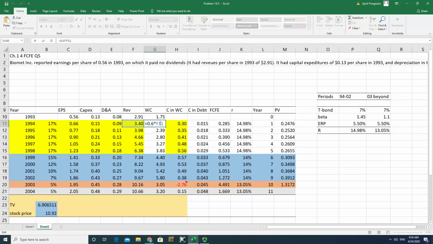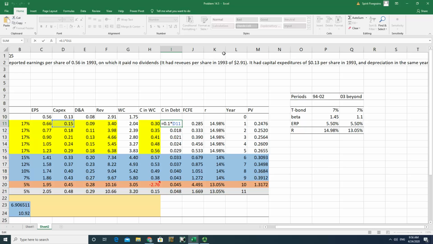Working capital will be 60% of the revenue, and the year-to-year difference in working capital is the change in working capital, which is part of your investment. And also we have change in debt, which is 10% of the net capital expenditure.